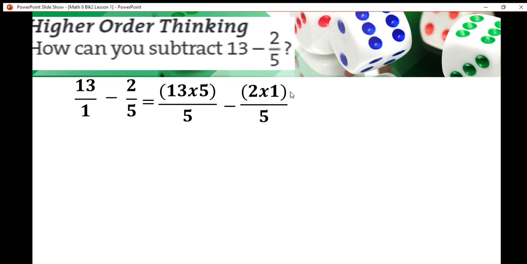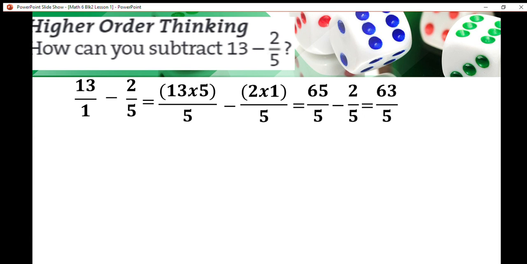Now 13 times 5 is 65, minus 2 times 1, that is 2 over 5. Now we will subtract. 65 minus 2 is 63, over, copy our denominator, 5. So the answer would be 63 over 5.